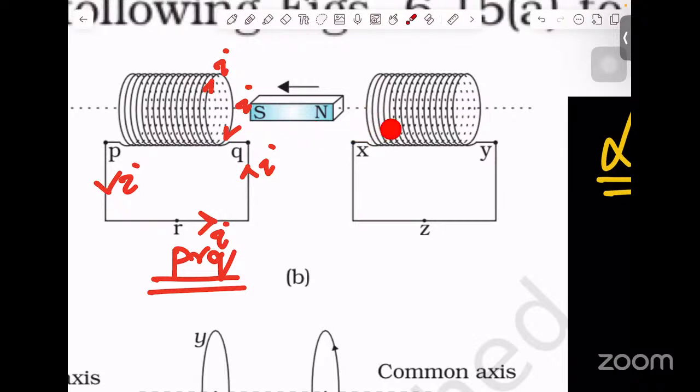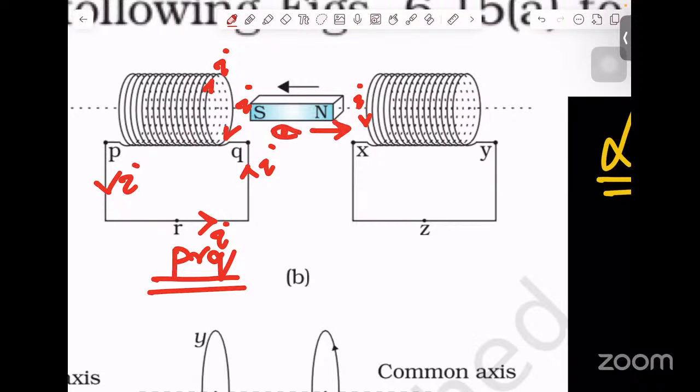In other words, this should act as the south pole. Or in other words, if we see from this side, this should be acting like a south pole, or in a clockwise fashion. So the current should be like this for us if we view it from this direction.